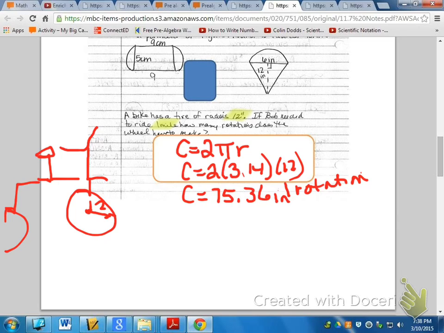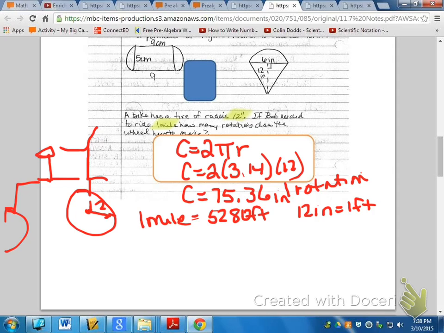Well, let's talk about a mile. What do we know about a mile? I know that 1 mile is equal to 5,280 feet. That's still not going to help me completely, but I do know that there are 12 inches in 1 foot.